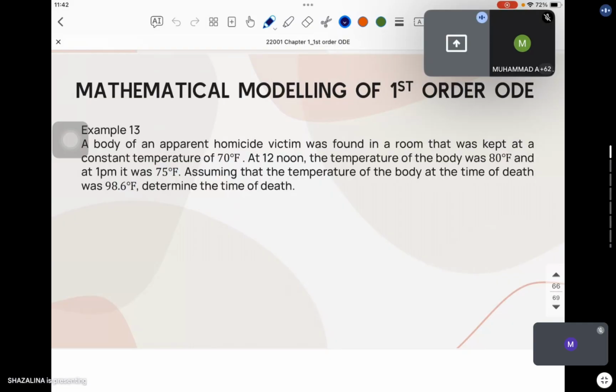Ada tak nama yang tak ada dalam list tapi masuk kelas? Saya rasa saya nampak nama kat bawah ni macam Zawin. Madam, tak ada nama dalam Google Form kan? Kenapa masuk kelas saya?